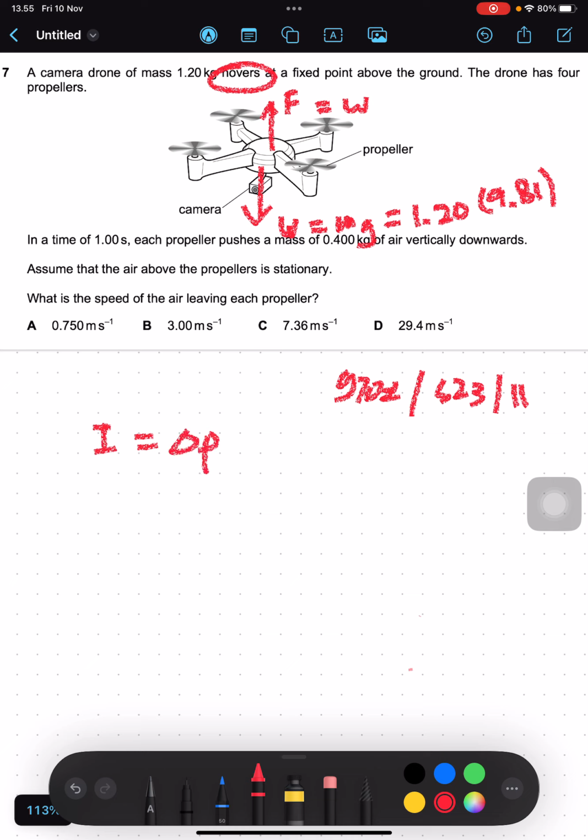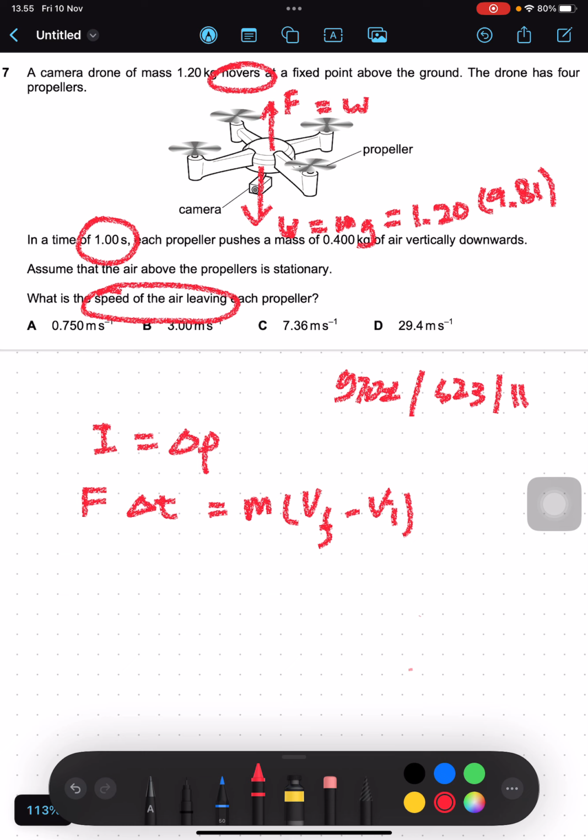Impulse equals force times delta t, and momentum change delta p is mass times v final minus v initial. Later we have v initial equals 0. Then we need to find the speed of each propeller.